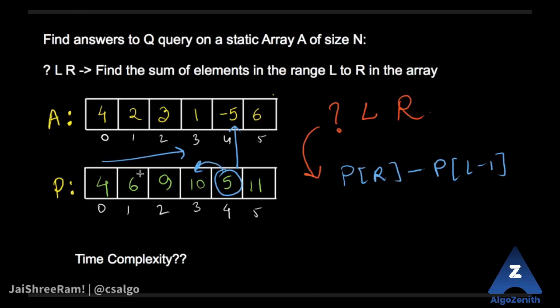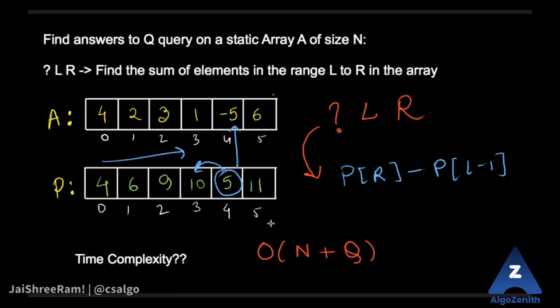If you talk about the time complexity of the approach, it takes first of all n to precompute the prefix array, and then for every query you need order 1, so you just multiply it with 1, which doesn't matter, so it's order n plus q for the whole problem. So this is the idea of something called prefix sums.